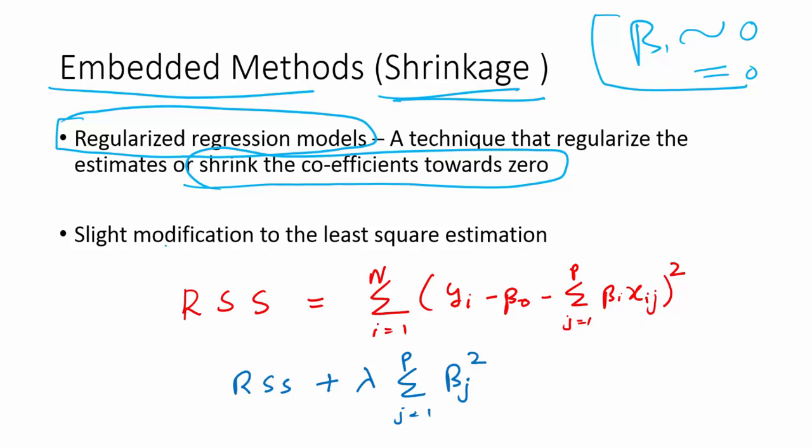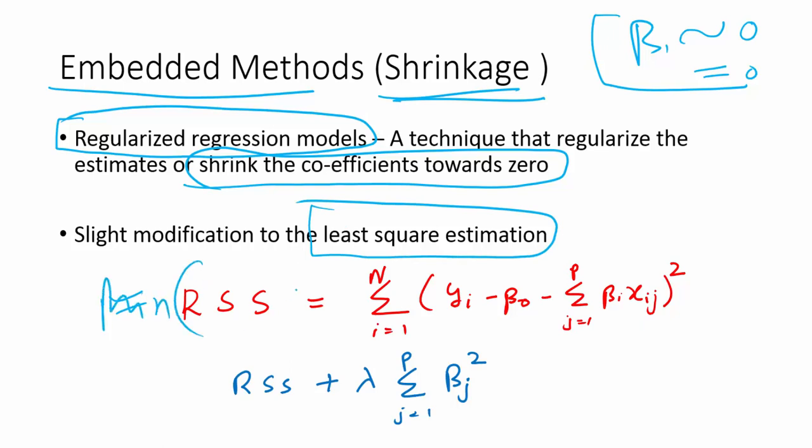So how do we do shrinkage or regularization? There is a slight change to the estimation process. In linear regression estimation, or any regression estimation, when you're using least squares estimation, you are basically minimizing the RSS, the residual sum of squares.